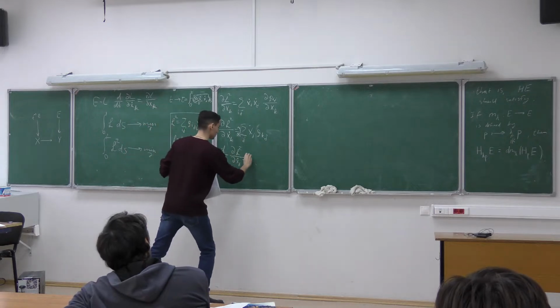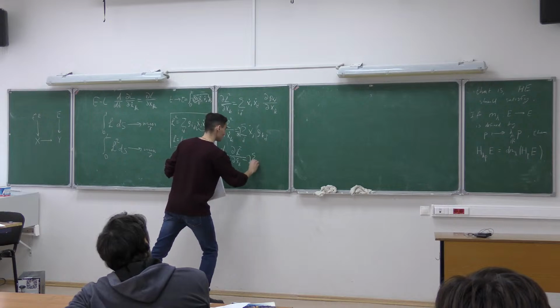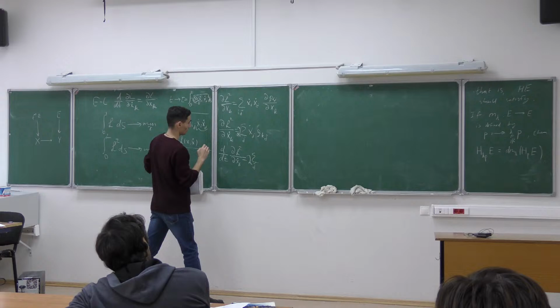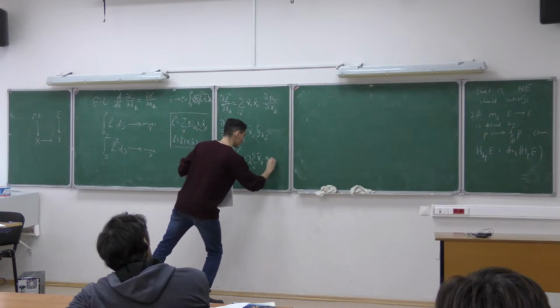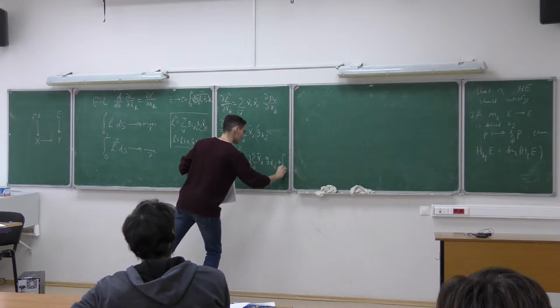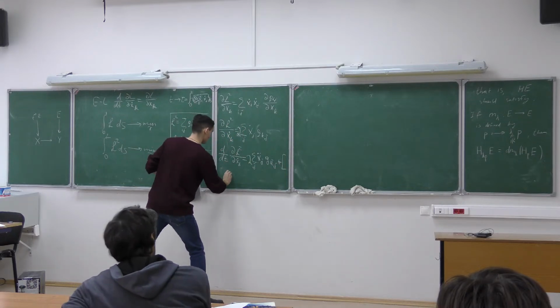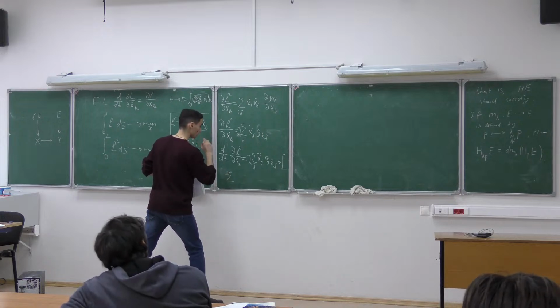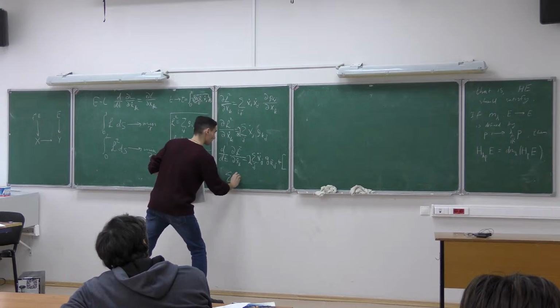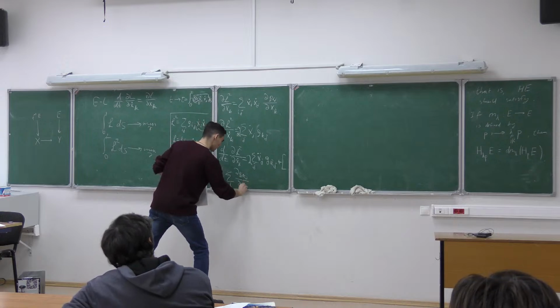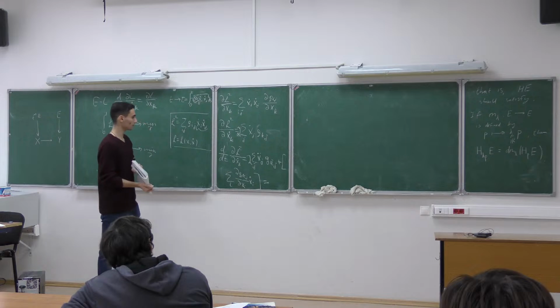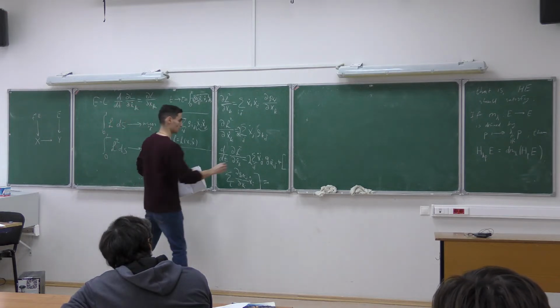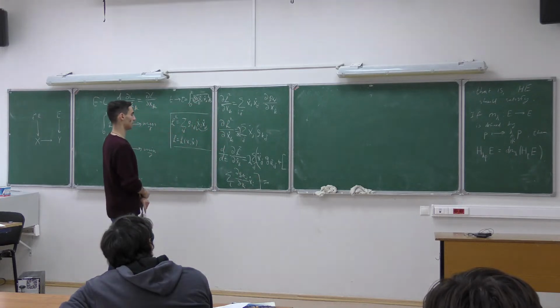We get 2 times the sum over all j of xj double dot times gkj, plus, now we use the chain rule, the sum over i of the derivative of gkj with respect to xi times xi dot, and there should also be xj dot.